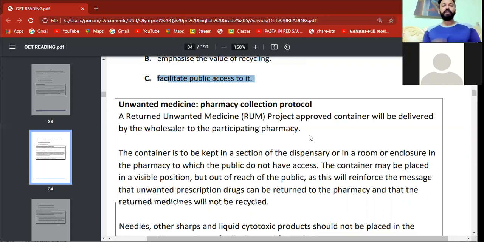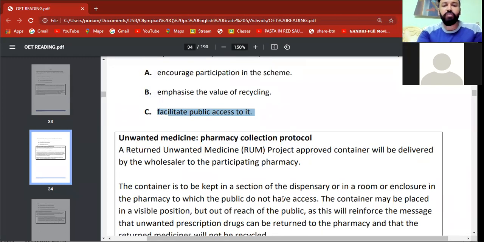The container is to be kept. Okay, here the answer is going to be there, because it's talking about where it's to be kept in a section of the dispensary or in a room or enclosure in the pharmacy to which the public do not have access. So what do you want to strike out now?